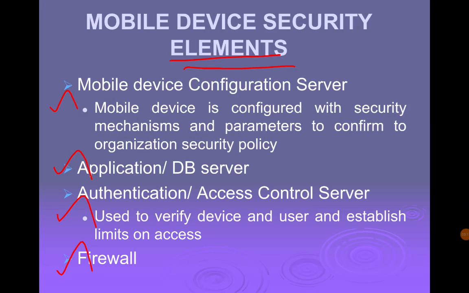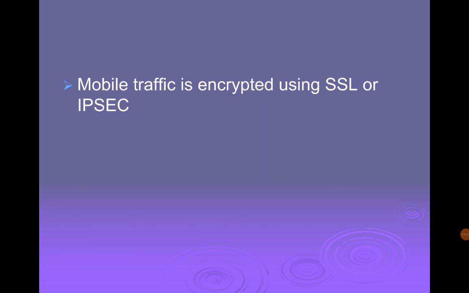So what is the use of the mobile device configuration server? Mobile devices are configured with security mechanisms and parameters which are applicable to the specific organization's security policy. To meet the security policy of a particular organization, we have to configure them with the proper mechanisms and parameters.